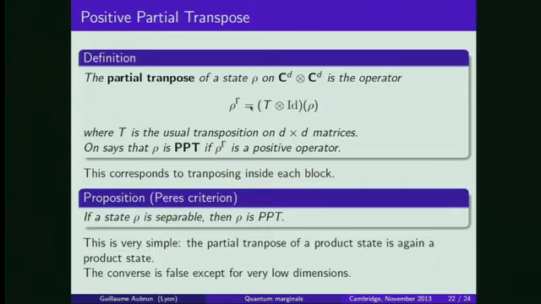It's simple to show that if you start with a state which is separable, then this partial transposition is positive, so separable states are PPT. And this follows from the fact that partial transposition preserves the product state. And the converse is false except in very low dimensions.